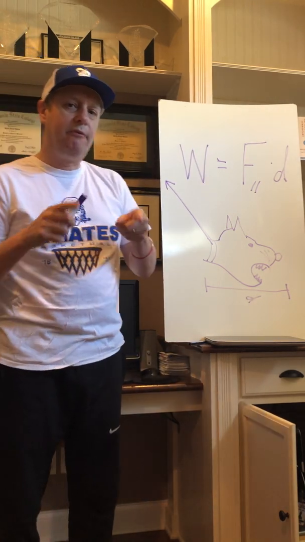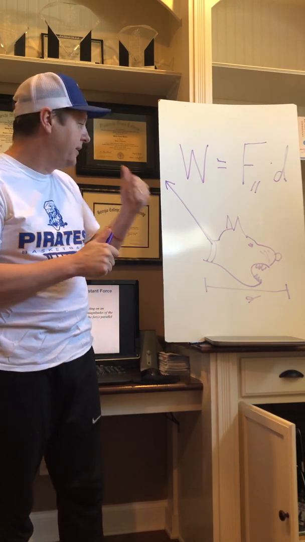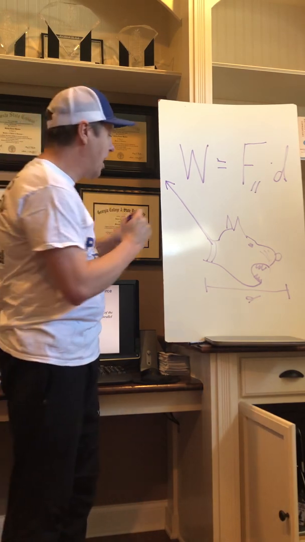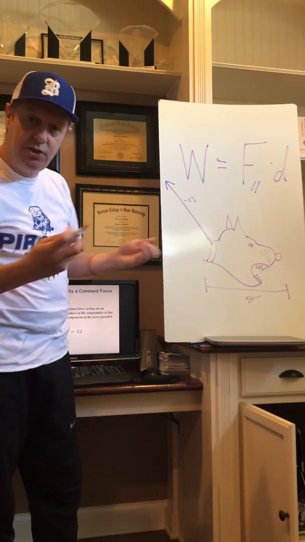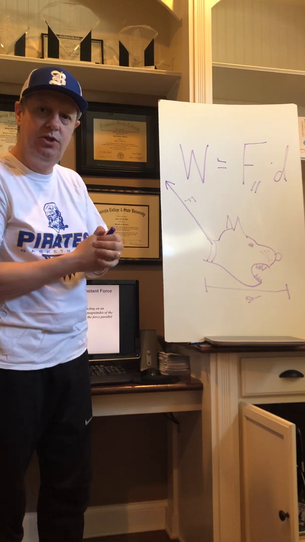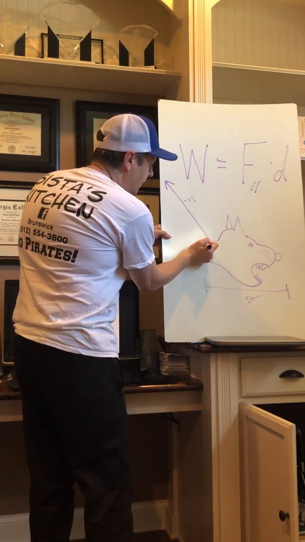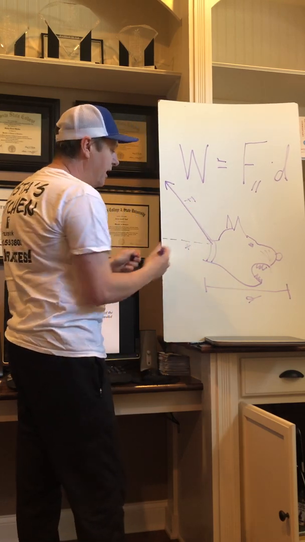From your frame of reference, are you doing work on the dog if you're pulling that way? Well, yes, you are, but is all of your applied force, or the tensional force in the leash, if that's what we want to call it, doing the work? No, only the horizontal component of it is. Only the X component of that force.